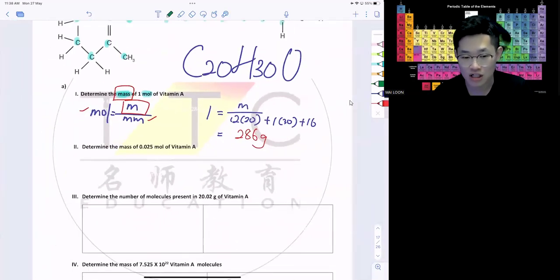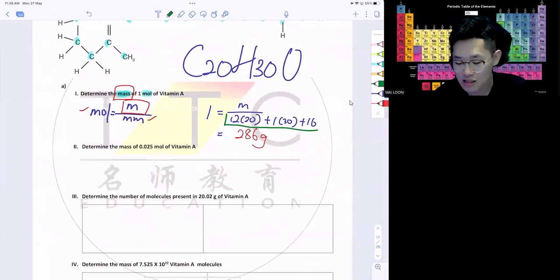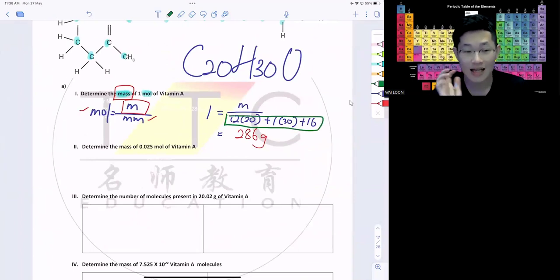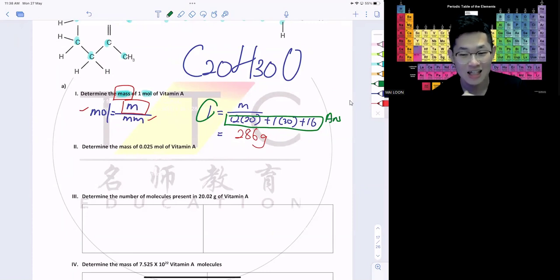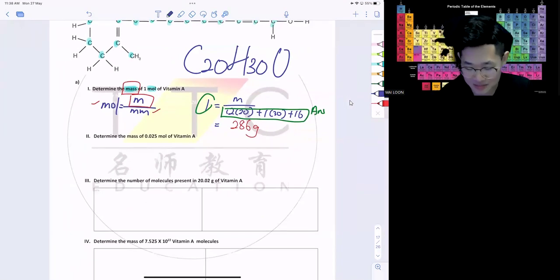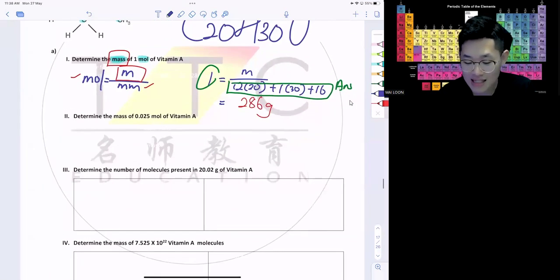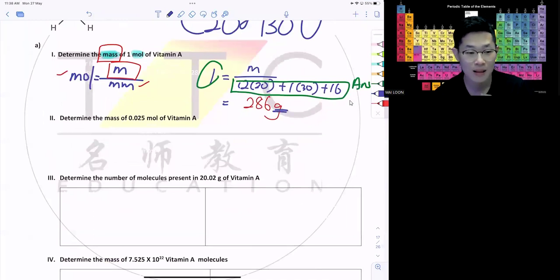I press this one first, get the answer already, then I only press answer times 1 to get the final answer. Mass is gram.